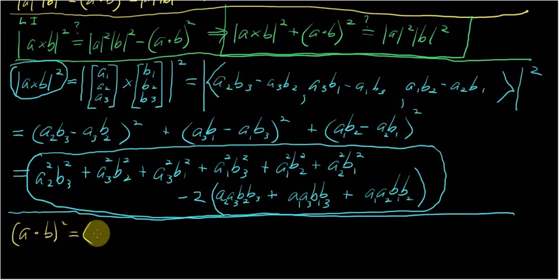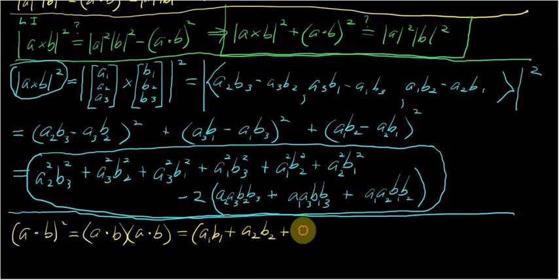And just for clarity, I'm going to make two parentheses first. Okay, so if I dot vector A with vector B, I'm going to have its first components multiplied, a1b1, plus a2b2 plus a3b3.